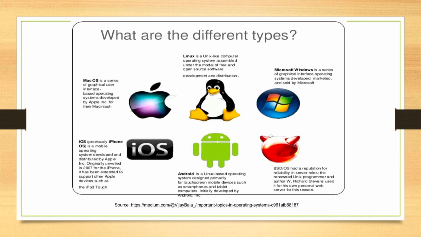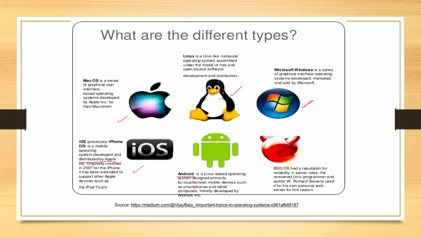We have various types of operating systems. You might have heard about the Linux operating system, the Windows operating system, and the Mac operating system, which is developed by Apple, while Windows is developed by Microsoft. iOS is the mobile operating system developed and distributed by Apple.